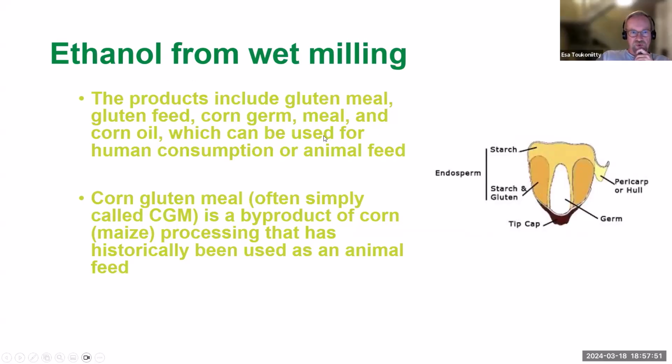You can also get some useful products out from this, like gluten meal, feed, corn germ, and so on, which can be used for human or animal food. But this is not useful.